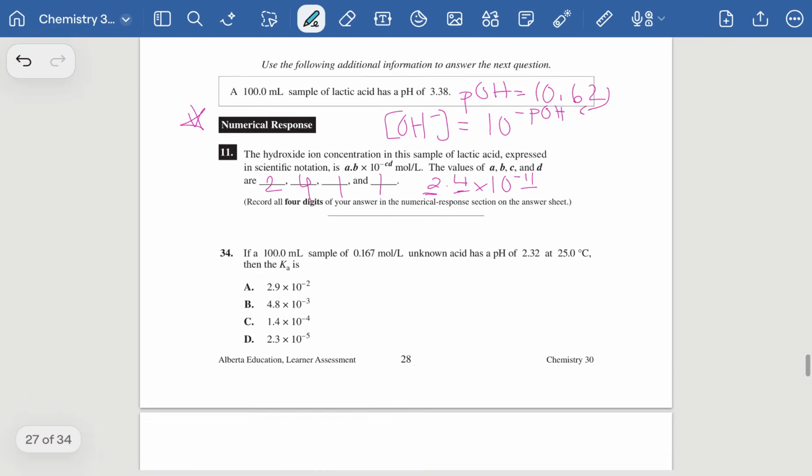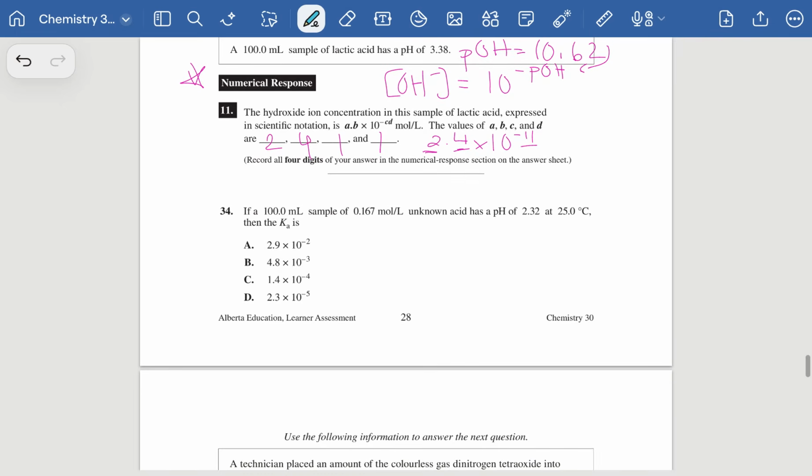Number 34, we have some information, and it is asking us to calculate Ka of an unknown acid. So we want to remember that you have a Ka formula, hydronium squared divided by the concentration of your weak acid minus hydronium. So we can just go ahead and plug some information in.